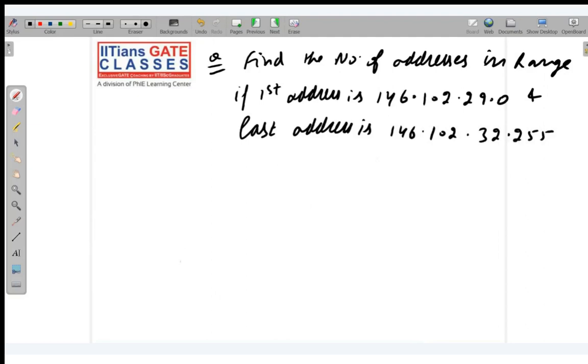So if this is the scenario, then they are asking to find the number of addresses in range.